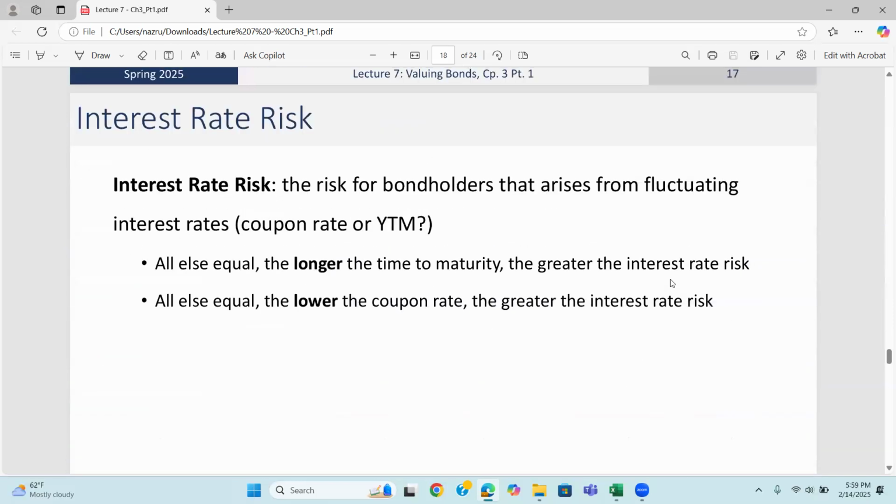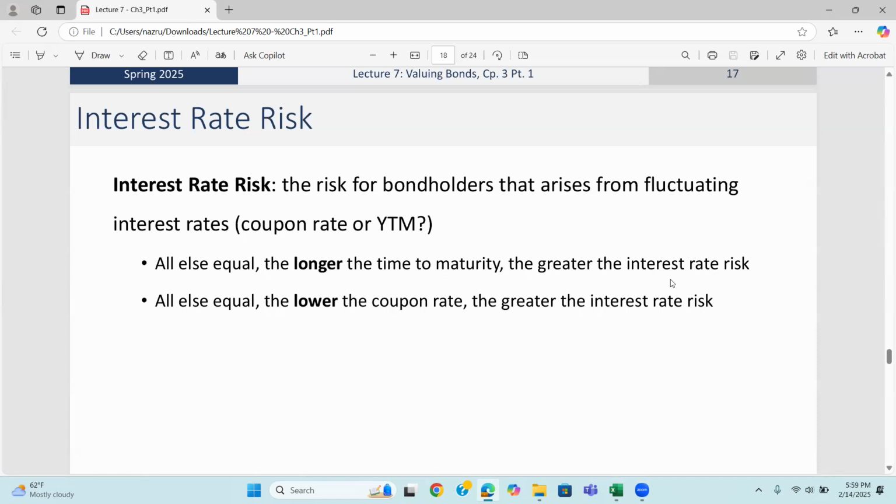So one of the main risks for the bond is interest rate risk, right? Because this is a kind of loan, a long-term debt where you have to pay interest for the bond. The longer the maturity, the greater the chance of interest rate risk.